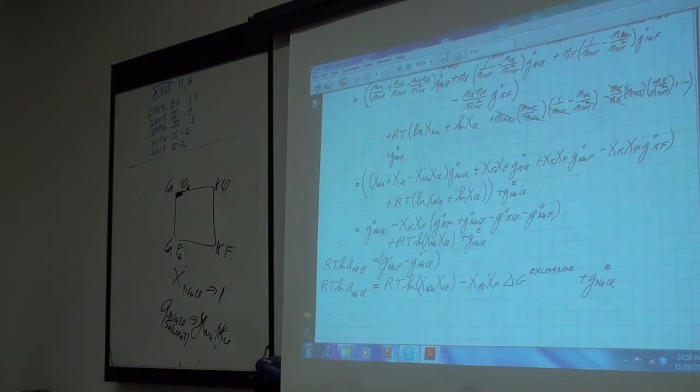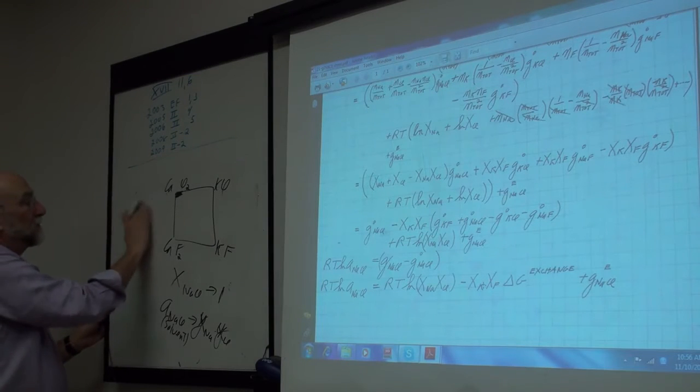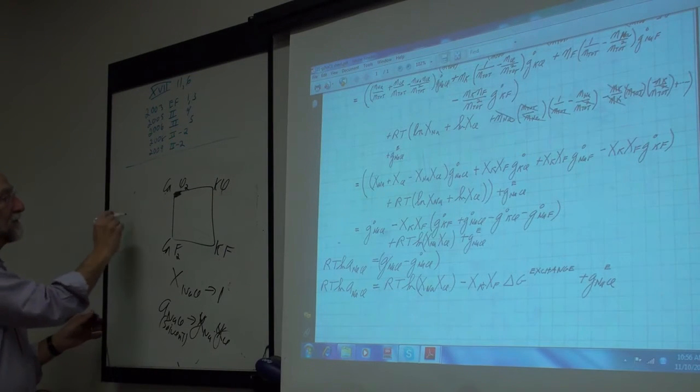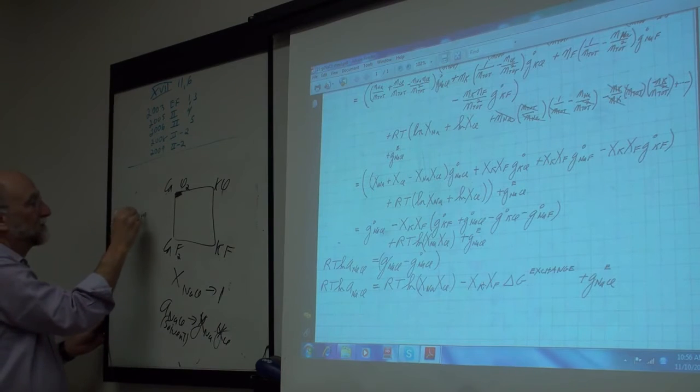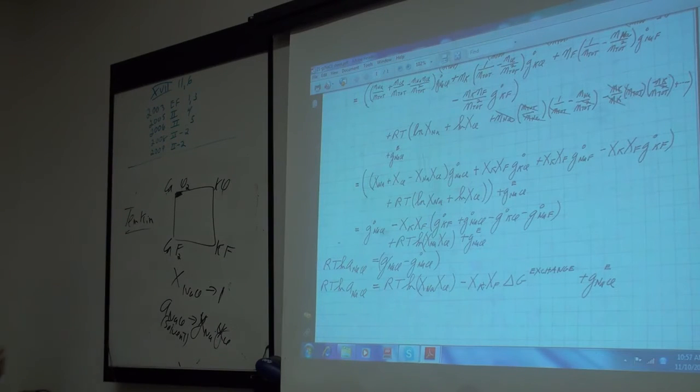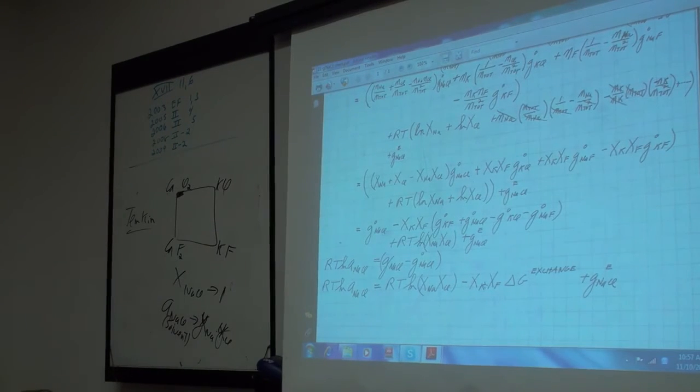So the calcium and potassium are mixing and the fluorine and chlorine are mixing. And I'm going to calculate the activity of calcium fluoride using the same thing.